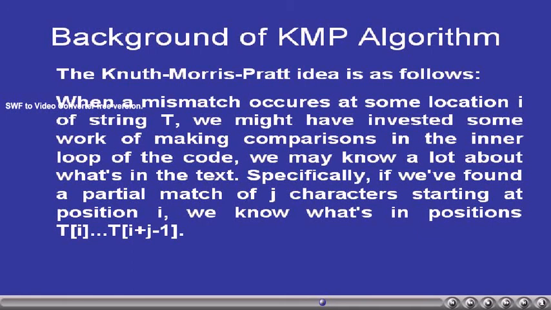We have some knowledge of characters T of I plus 1 till T of I plus J minus 1. This algorithm uses that knowledge and decides whether to skip some locations of I from the normal brute force technique, such that the algorithm becomes efficient.